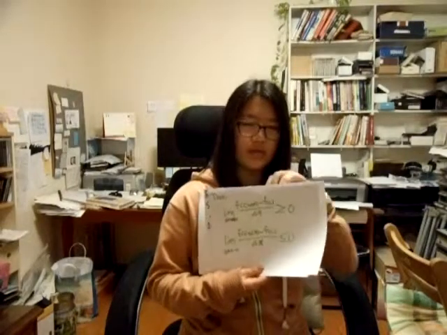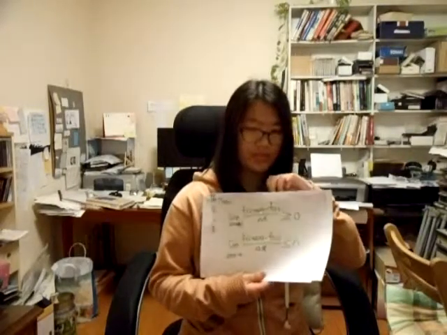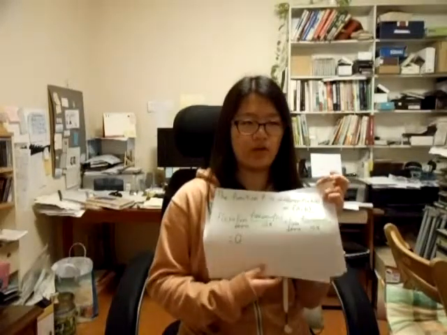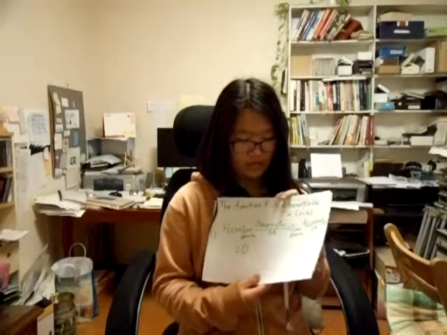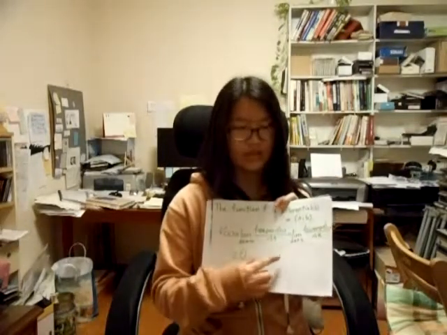And as we did in the previous process, the function f is differentiable on interval (a, b), so f'(c) is equal to these two limits, and it is equal to 0.